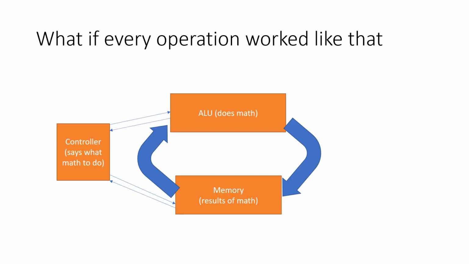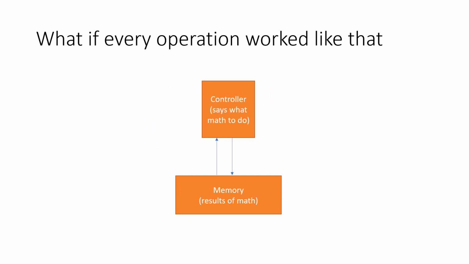My thought was, what if we ran every operation exactly like that? Get rid of this ALU. All the processing happens in memory, basically right next to the quote unquote RAM.